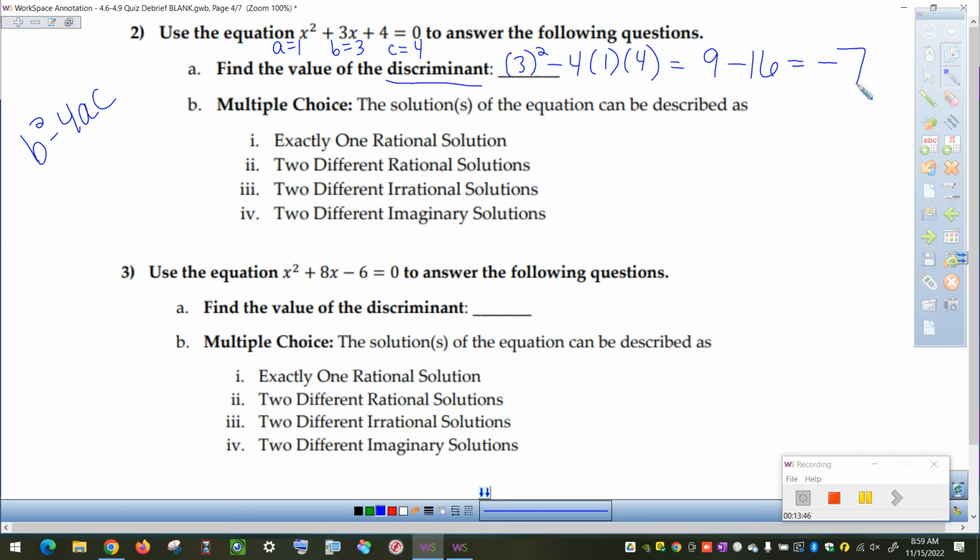It ends up being negative 7. Anytime you have a discriminant that is a negative number, this is when we are going to have imaginary solutions. And that's because that's the number that goes underneath the square root symbol. If you take the square root of negative 7, that's the scenario that we can rewrite that with i.